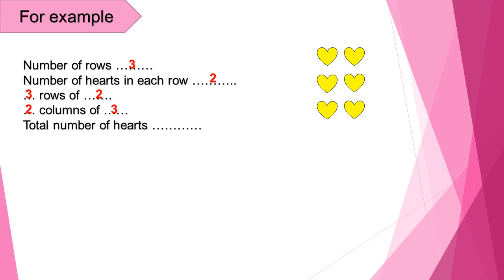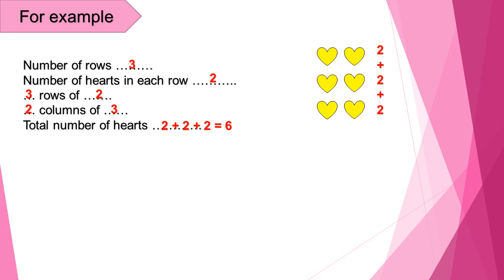Total number of hearts. We can find the total by 2 methods. We have here 3 rows. Each row has 2. Then 2 repeated 3 times. Then we can add 2 3 times. 2 plus 2 plus 2. 2 plus 2 equals 4. 4 plus 2 equals 6.